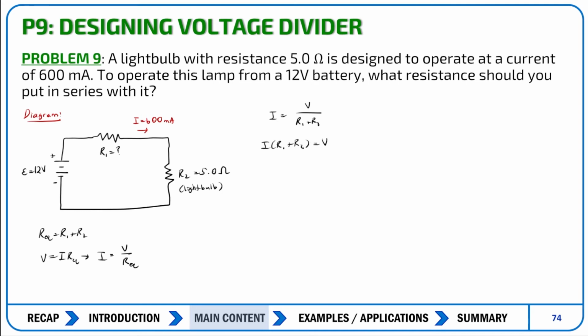We have IR1 plus IR2 equals V. Searching for R1, R1 is going to be V, which is equal to epsilon.